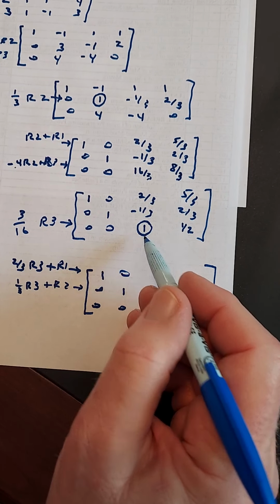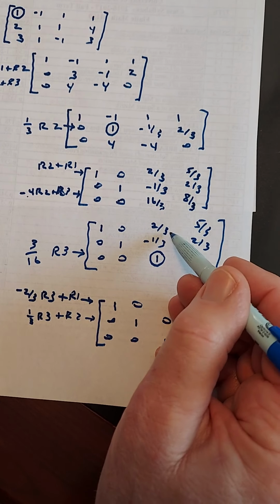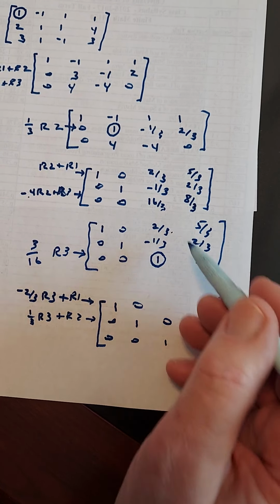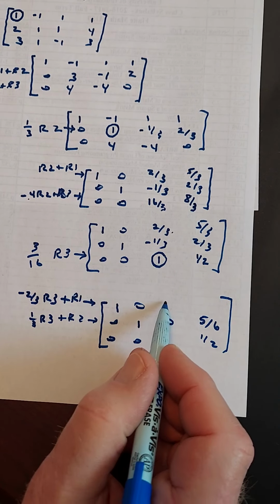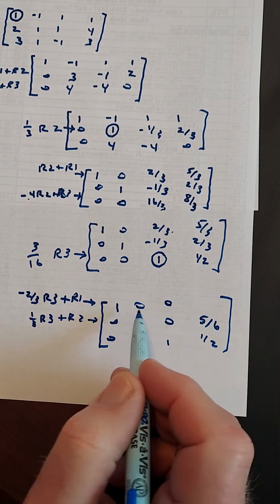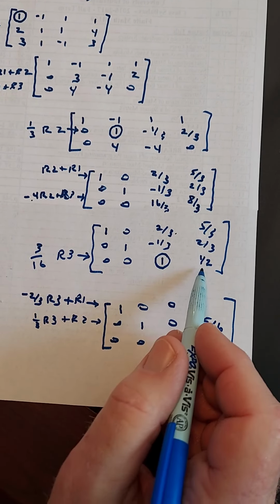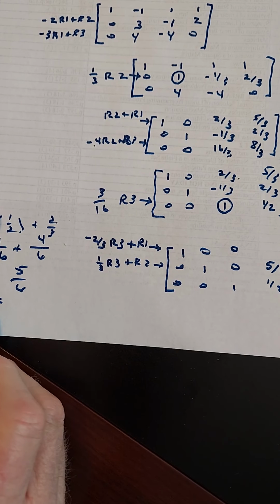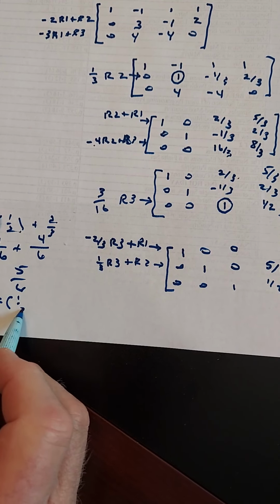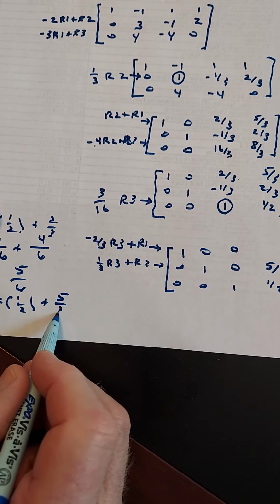2/3 times 1, oh, I'm sorry. That should have been negative 2/3, because that's positive. The opposite would be negative 2/3. So negative 2/3 times 1 is negative 2/3, plus positive 2/3 is 0. That didn't change the other two numbers. And then we're going to take 2/3 times 1/2. We'll put it over here. We'll take negative 2/3 times 1/2, and I'm going to add that to 5/3.